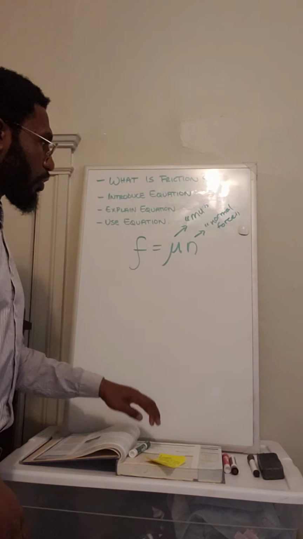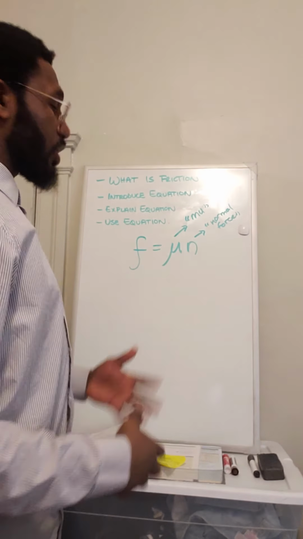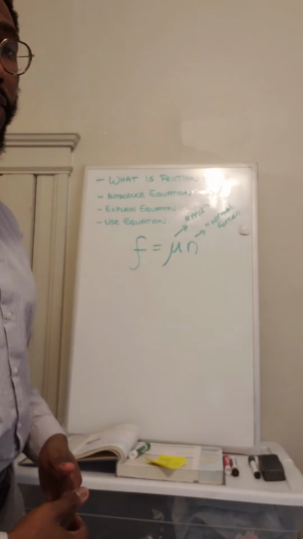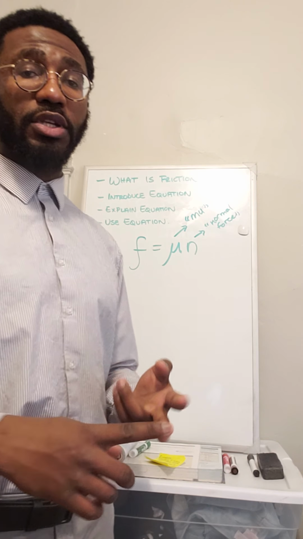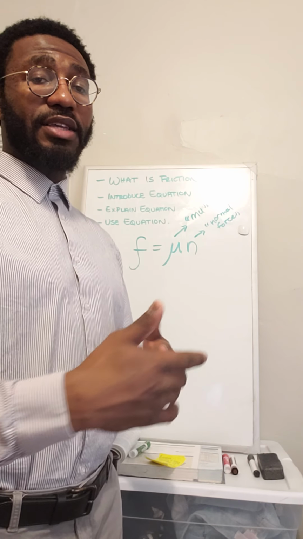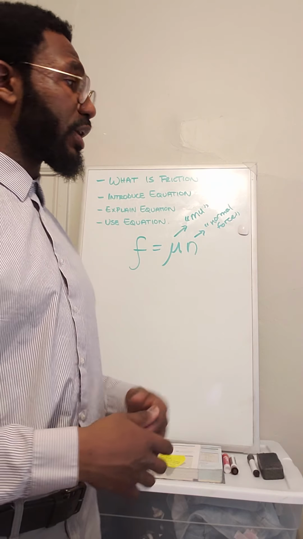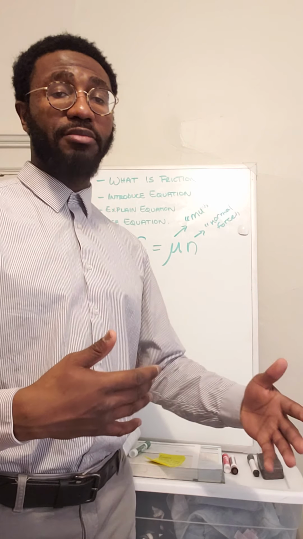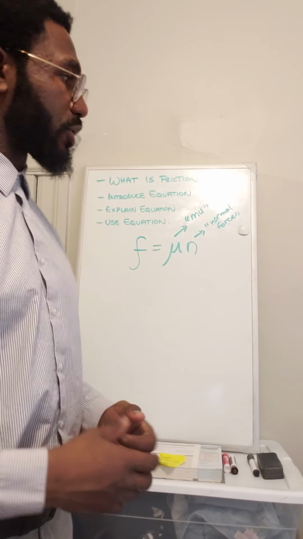Now, explaining this equation, each in its part. So F is just like any other force. That's the friction force. There are two friction forces, static friction and kinetic friction. Static friction is friction when an object is still at rest, not moving. Kinetic friction is friction when an object is moving. But for the purpose of the packet, we're only working with kinetic friction.